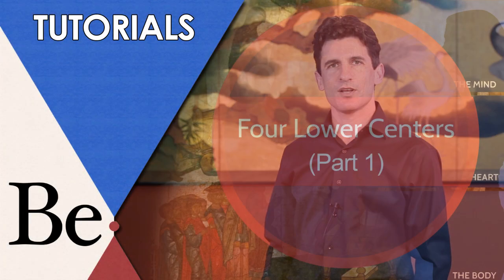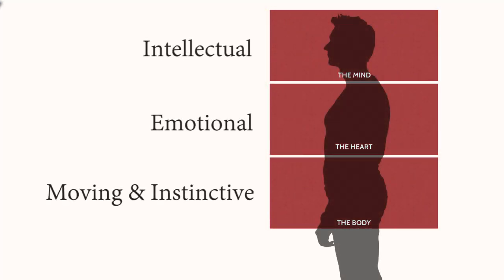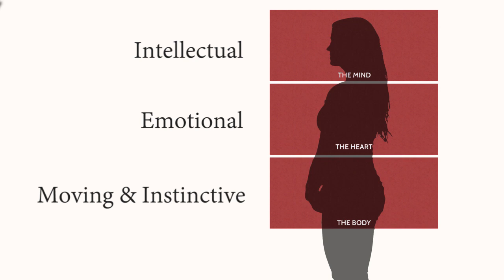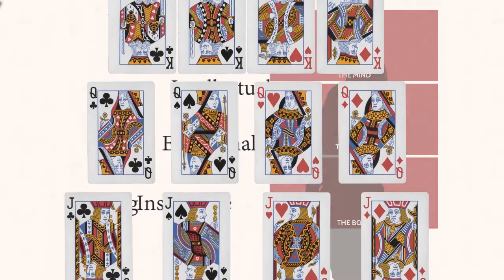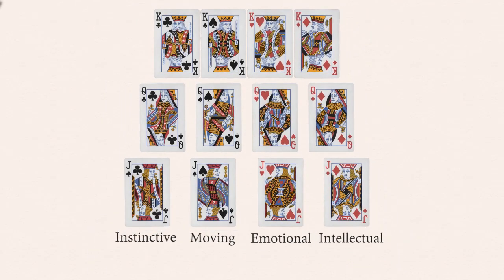In the first tutorial on the four lower centers, we presented the microcosmos as having four brains, or centers, that controlled all of its ordinary functions. In this tutorial, we will go deeper into each center and examine its parts based on the level of attention with which they work. As a visual aid, we will use the common deck of cards and assign one of the four suits to each of the four lower centers.